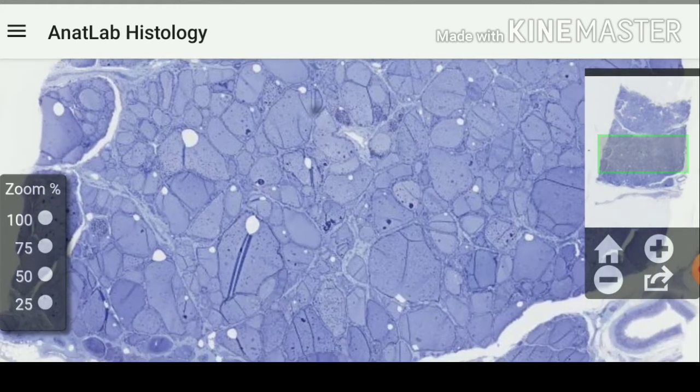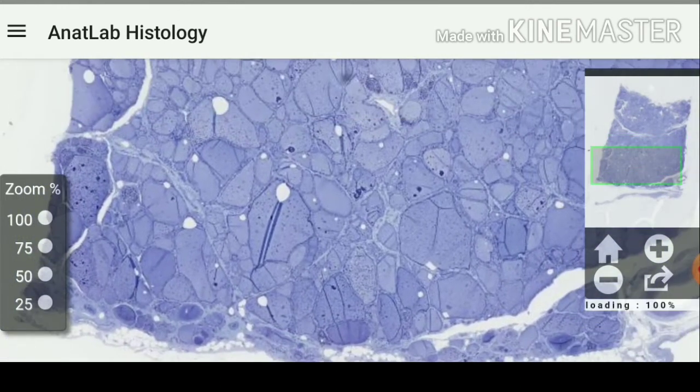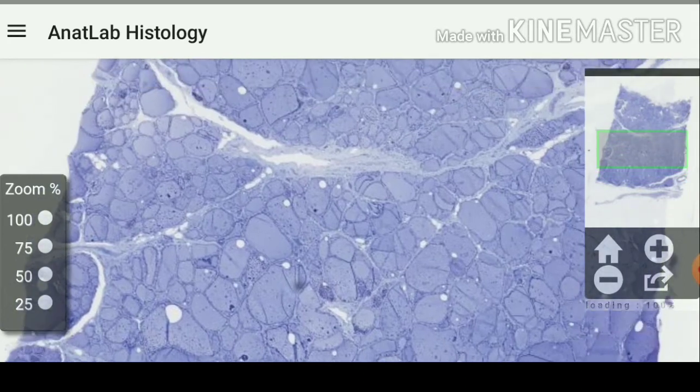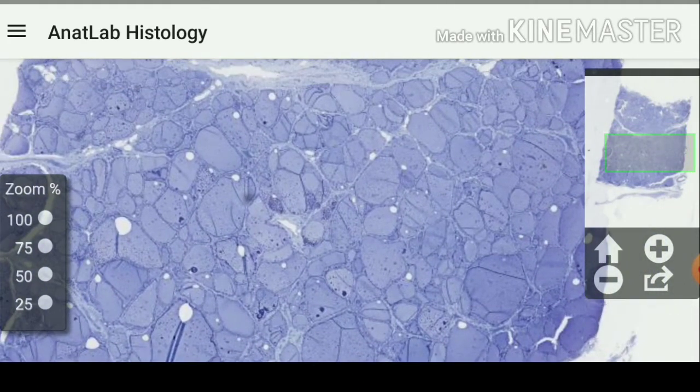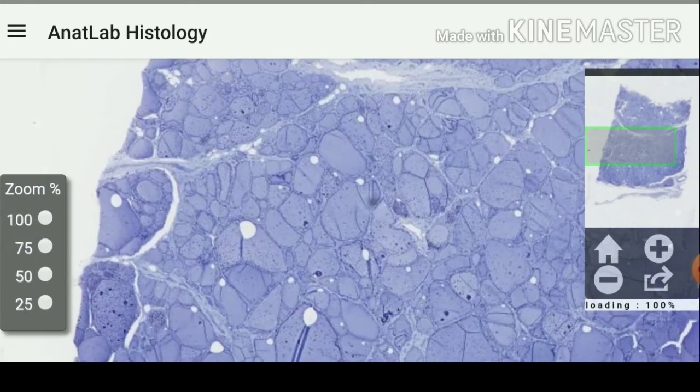So I can see here a lot of circular areas centrally filled with some proteinaceous substance, and they're surrounded by different cells.